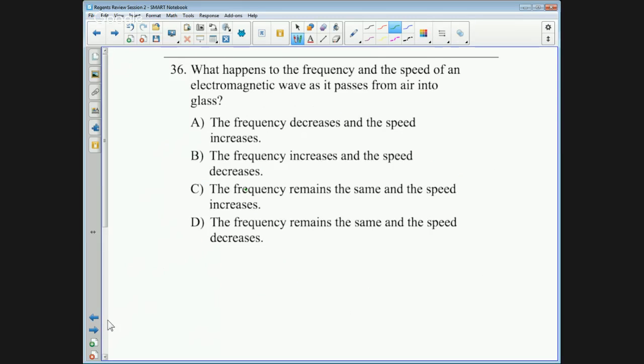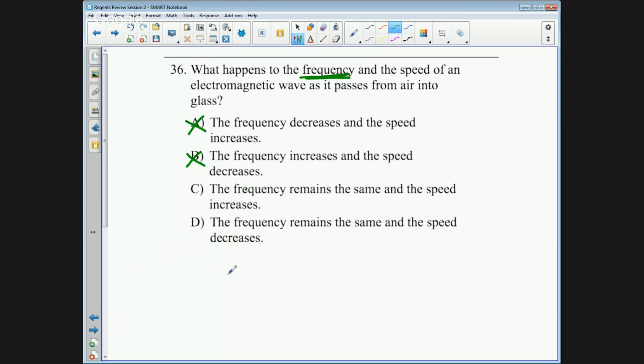What happens to the frequency and the speed of an electromagnetic wave as it passes from air into glass? So first, the frequency of any electromagnetic wave has to stay the same. So A and B are wrong. Okay.